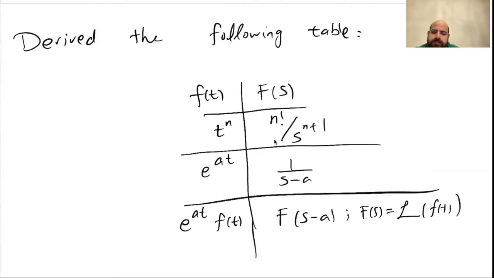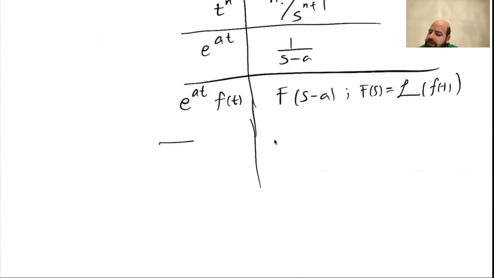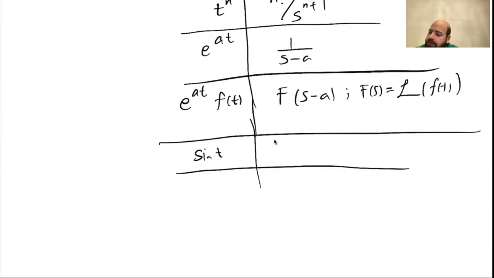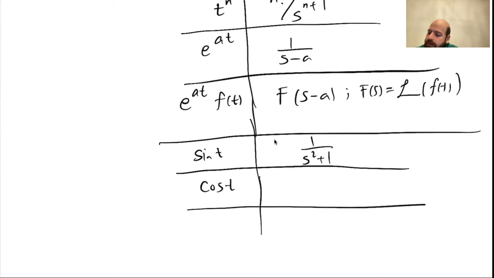And the other functions that we looked at, for example, sine t is 1 over s squared plus 1, and cos t is s over s squared plus 1.